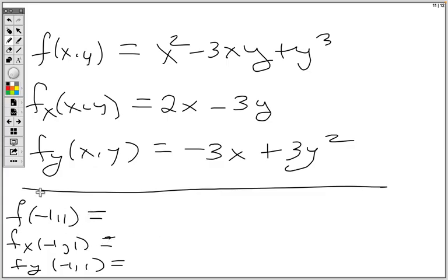So plug, once again, these are your x's and y's. So what do you get when you plug in negative 1, 1 to f of xy?